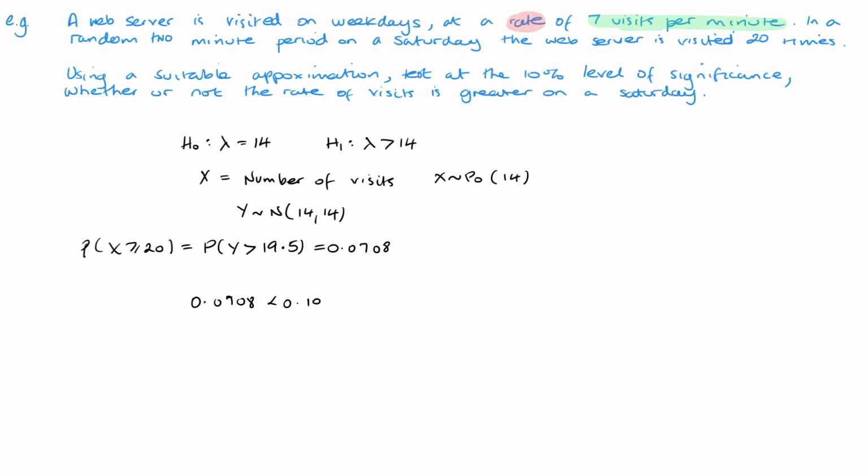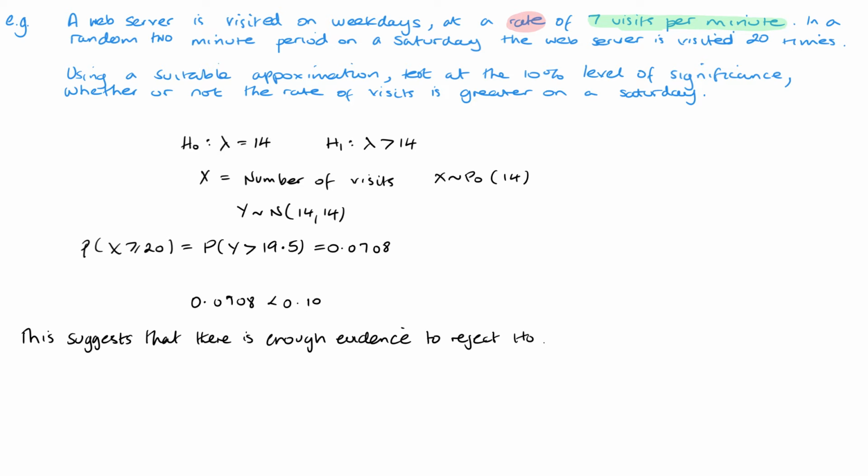So therefore it's going to be significant. So something like this suggests that there is enough evidence to reject H0. I like to use words like suggest because with statistics there is no real definite answer, but it's highly likely. So that's what we're doing.